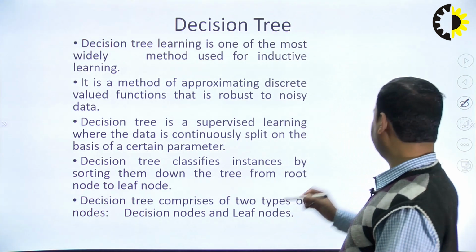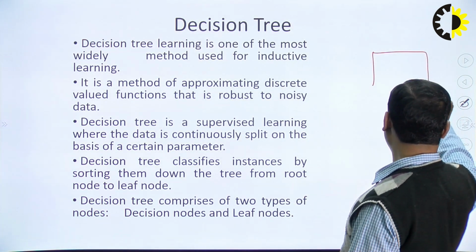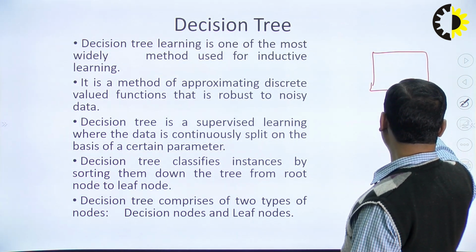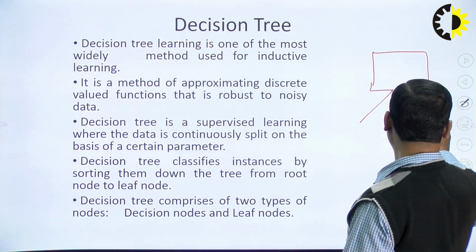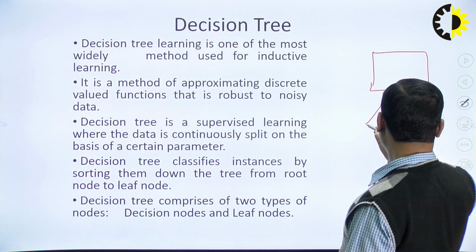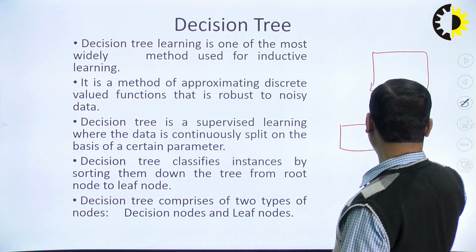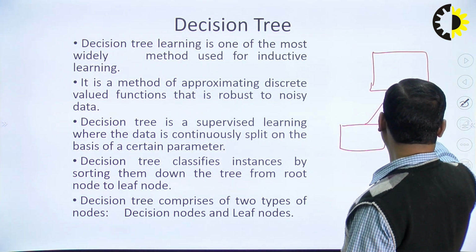So if we have this particular kind of node, that is called the parent node. Then, based on some decision, we will again split this root node into sub nodes. These sub nodes are called leaf nodes for this root node.